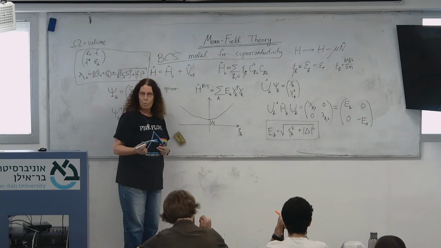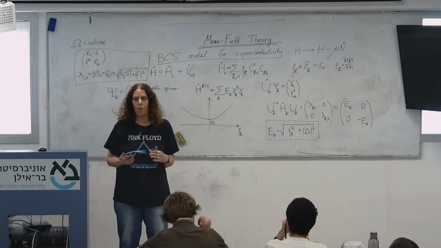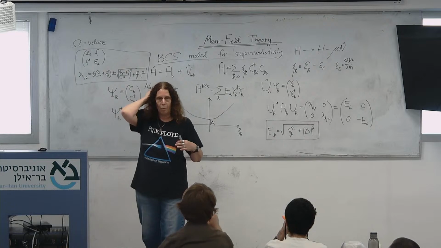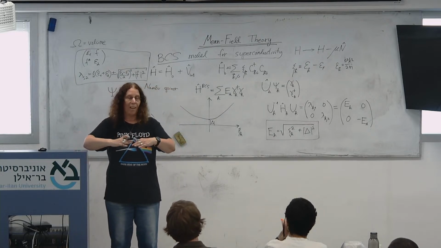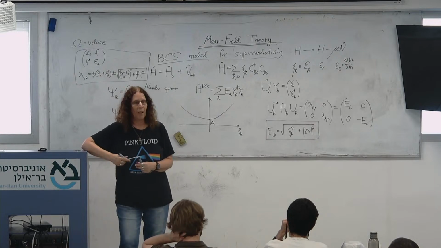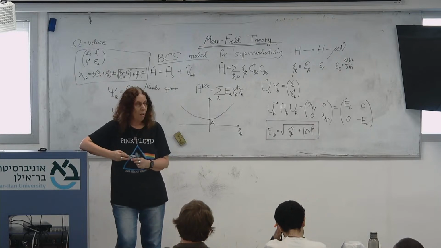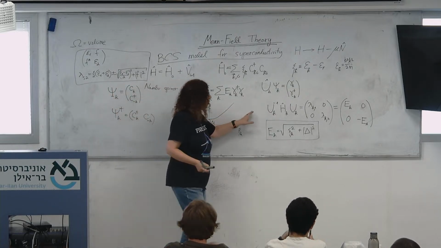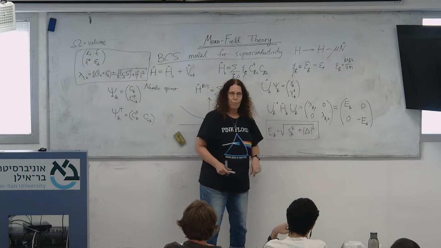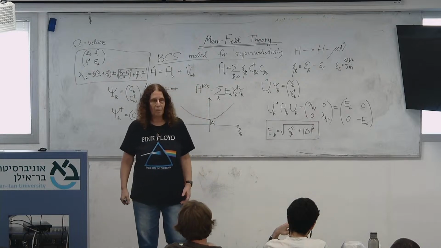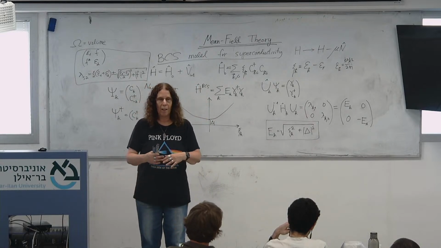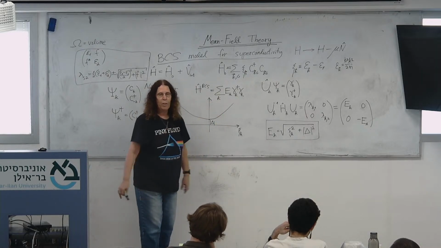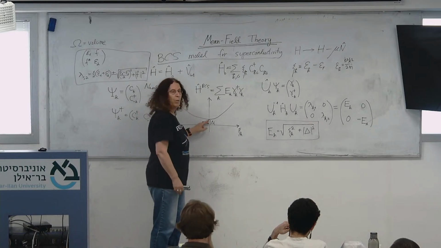Now a gap with respect to what? What did we define as our zero of energy? It's the Fermi level. If you like, the Fermi level is like the energy of our vacuum in the free electron gas case. And now, because of the attractive interaction, if all of that is true, namely if we can really get such a finite delta, then we created a new ground state, and the excitations are excitations above the new ground state, and they have a gap.